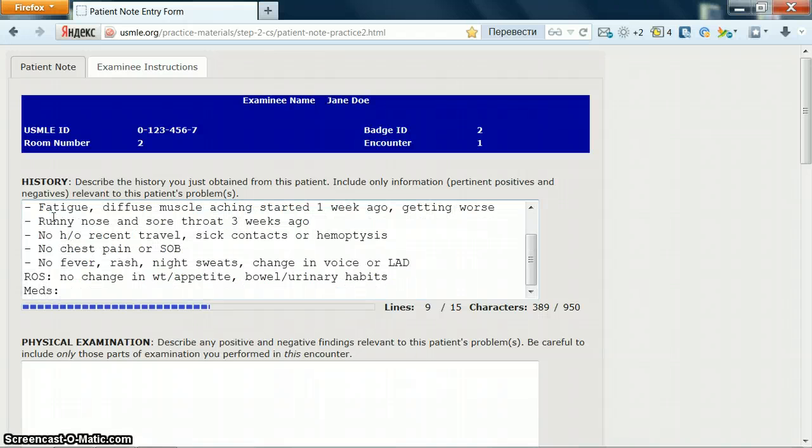Then we go to medications. This is an abbreviation for prescribed and over-the-counter medications. No allergies.